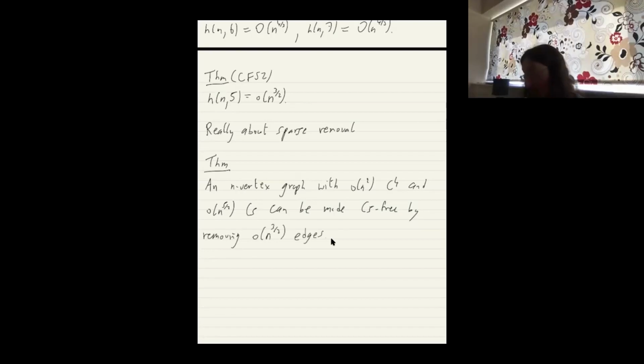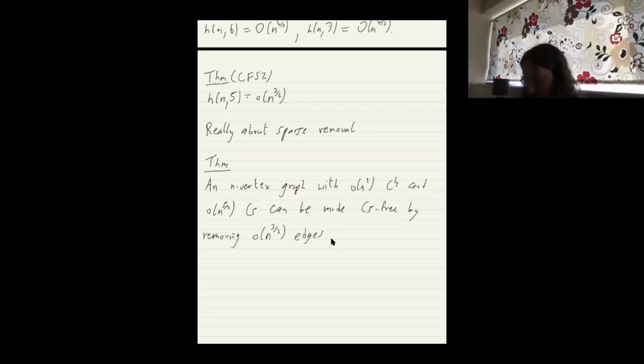So the classical triangle removal lemma says that if you have n vertices and you have little o of n cubed triangles, then you can remove all triangles by removing little o of n squared edges. This is a version for C5s, except the density drops.